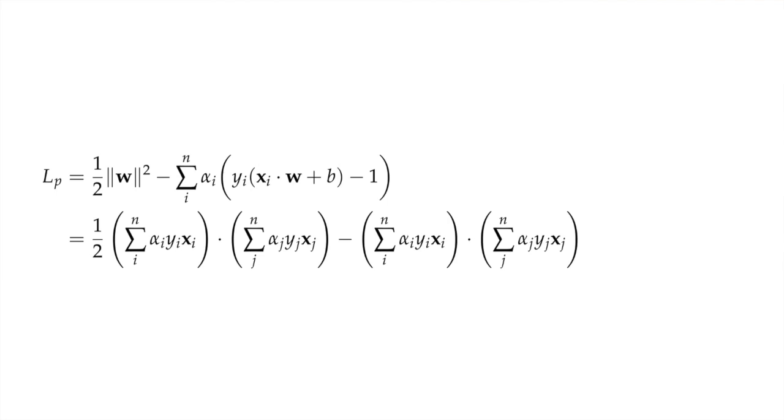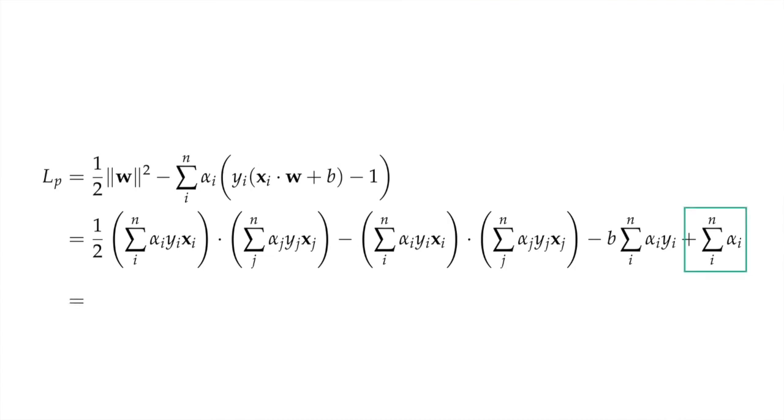It's another dot product because the w is the sum of alpha i, yi, xi, and so it expands like this. For the third term, the term involving the b, we get this. And finally, the minus 1 at the end just gives us this sum of the alpha i's.